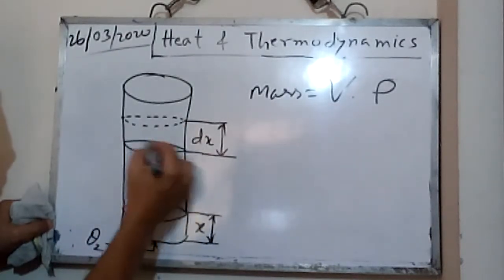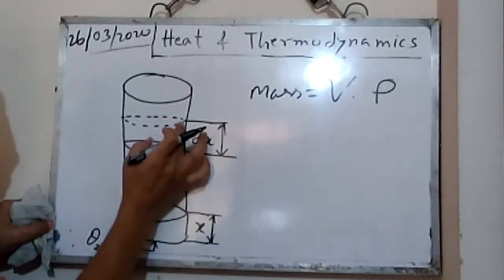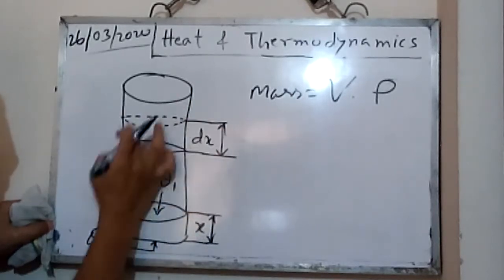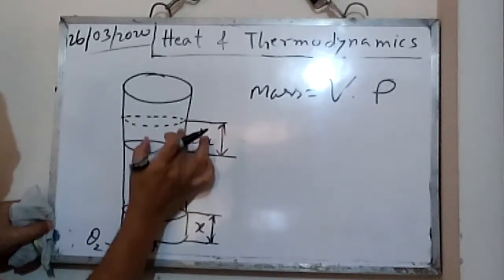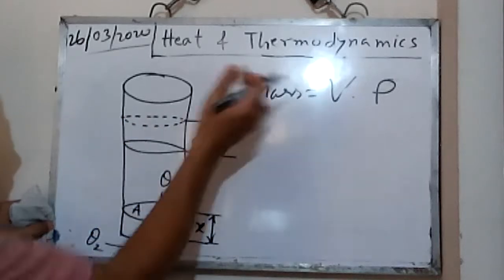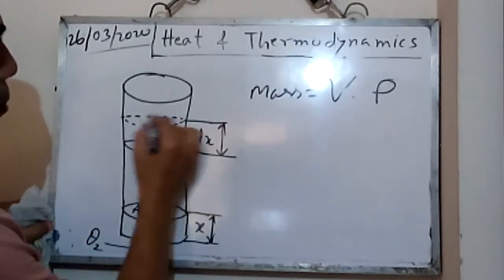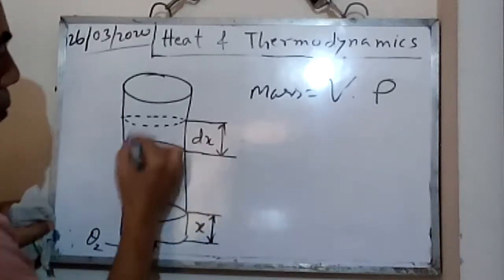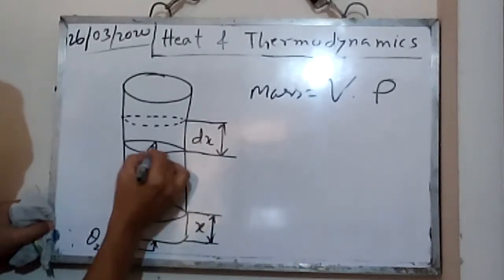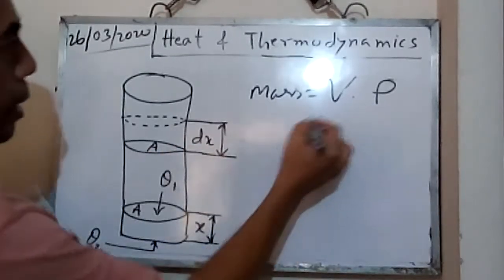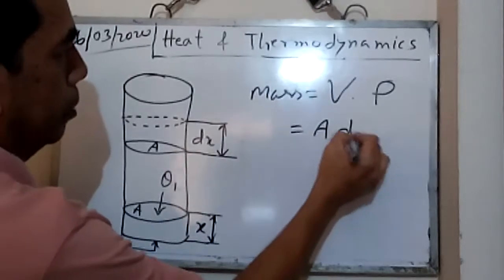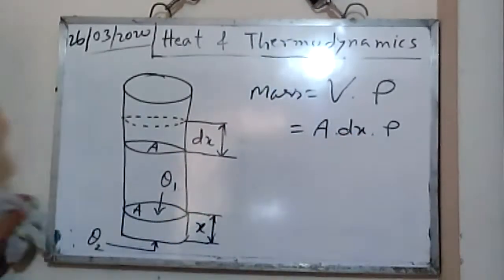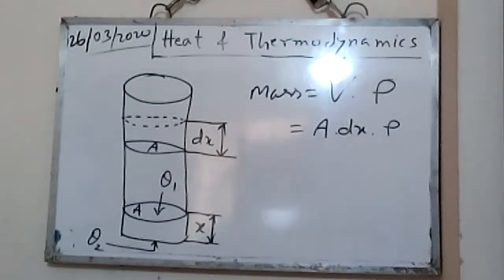This amount of water evaporated, then the mass of this amount of water, mass equal to volume into density. Volume is area A and length dx, then volume A into dx into density.